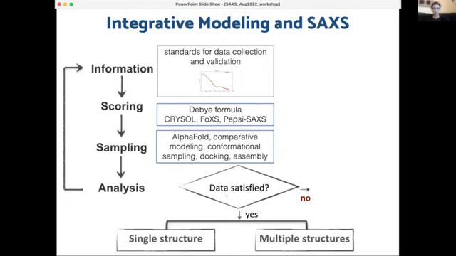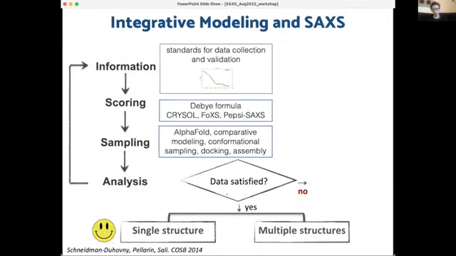If it's satisfied, then it can be a single structure or multiple structures. And if it's multiple structures, then, as I said, more data is needed if we want to exclude some of the options. But this is obviously the maximum that we can get from SAXS data.